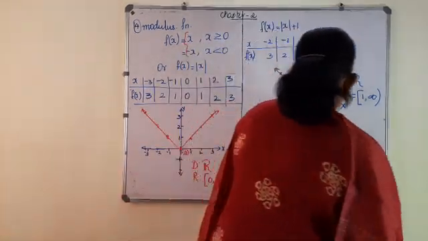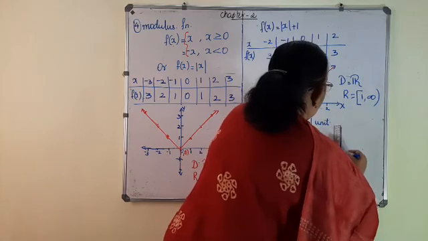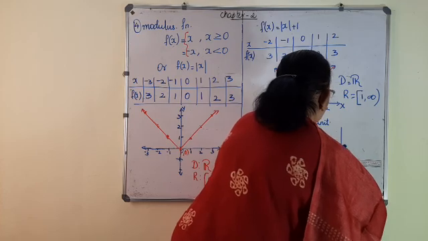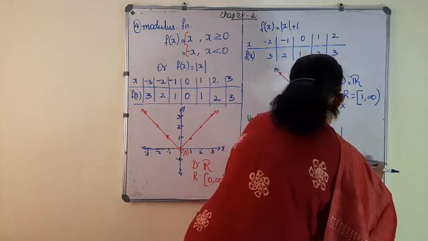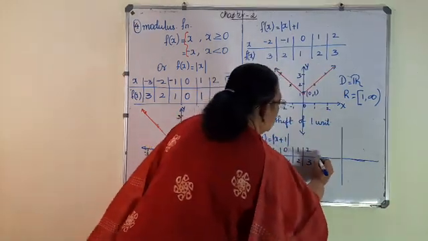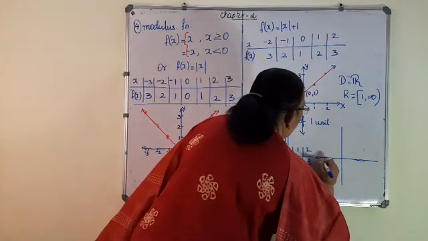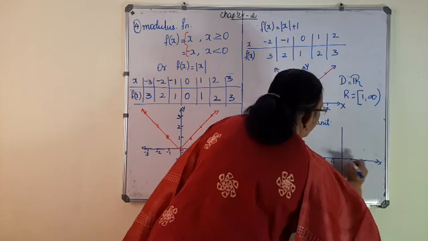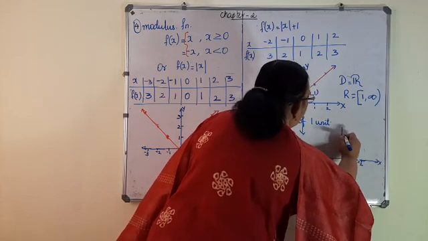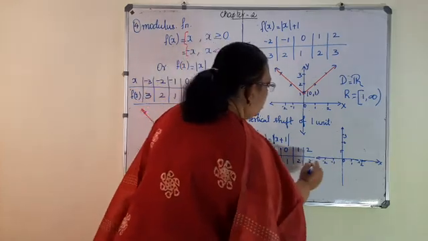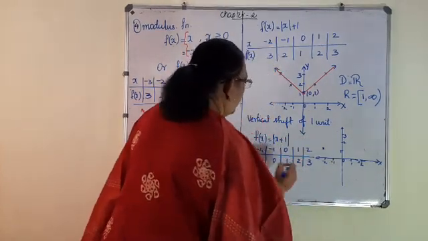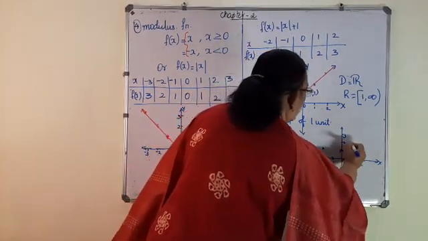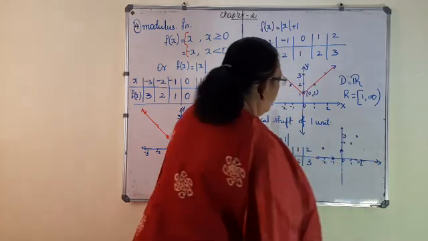What about the graph? Minus 2 gives 1, minus 1 gives 0, 0 gives 1, 1 gives 2, 2 gives 3. Join the points.